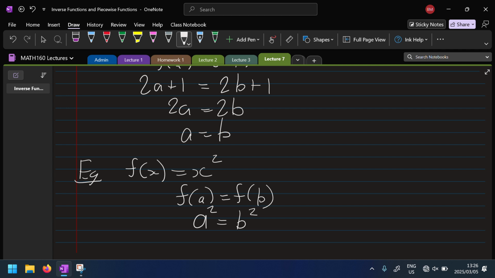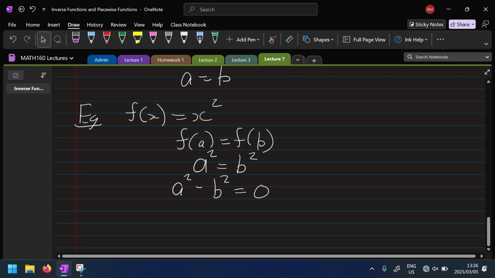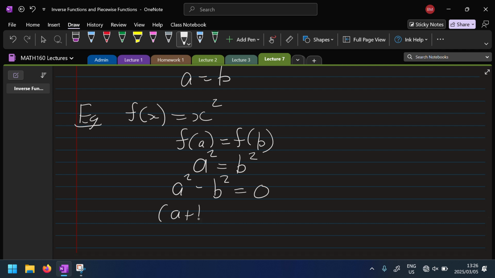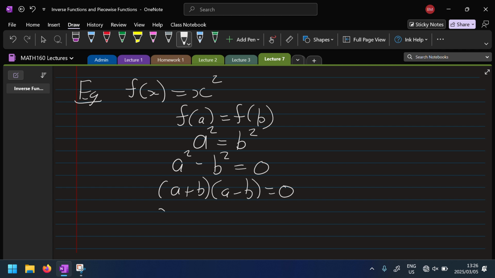So what we do instead is take the b squared over to the other side. So we get a squared minus b squared is 0. Now this is a difference of two squares, so we can factor this. So this is a plus b, a minus b is equal to 0. Okay, and this gives us two solutions, which is what we wanted. a plus b equals 0. In other words, a equals minus b.